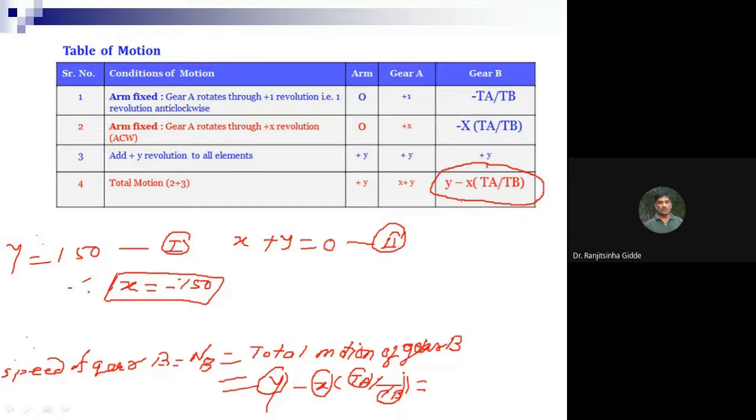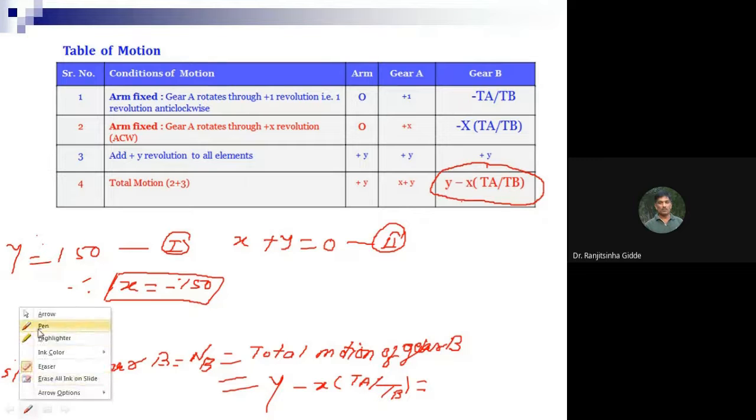Okay. So by putting the values of x and y, TA and TB, we write: what is the value of y?